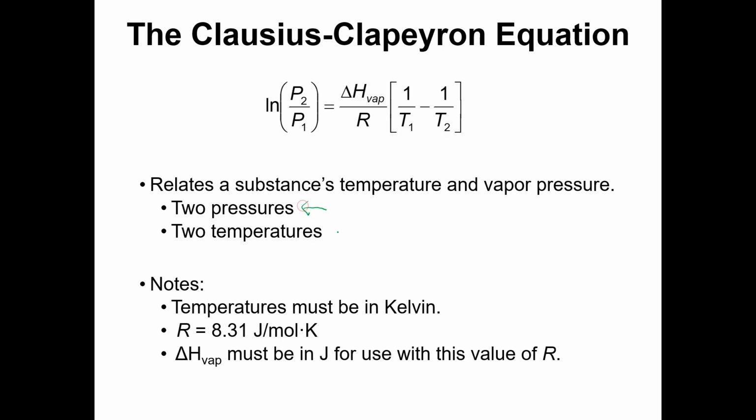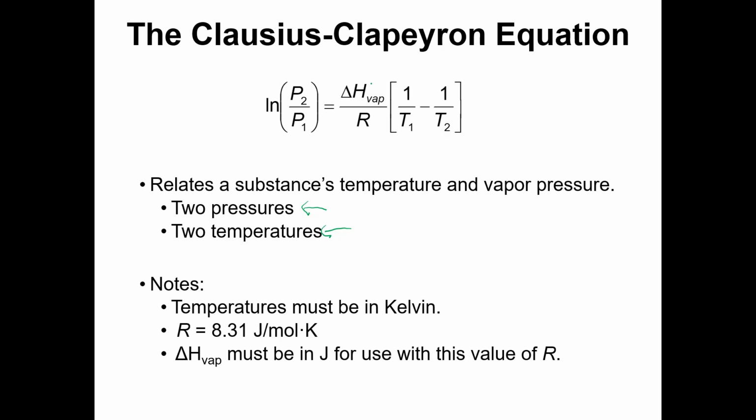So you have to measure the pressure at two different temperatures in order to calculate the heat of vaporization or the enthalpy of vaporization. Those two terms mean the same thing. You will sometimes hear this referred to as the heat of vaporization, sometimes as the enthalpy of vaporization.